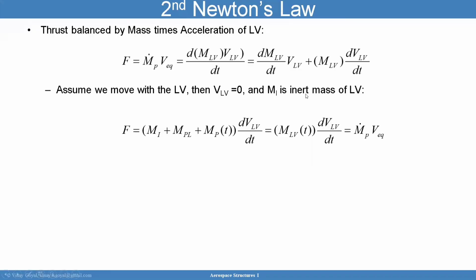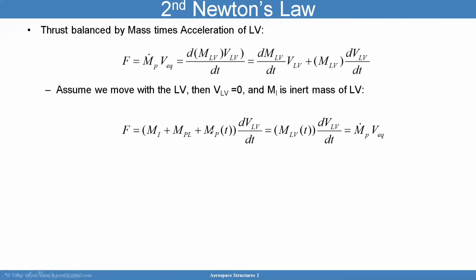The launch vehicle mass is then the inert mass, which is just structural mass, and the payload mass, which is what you're trying to deliver to orbit. Then you have the propellant mass, which is changing over time because you're expelling propellant.